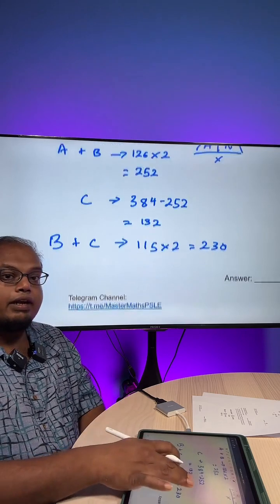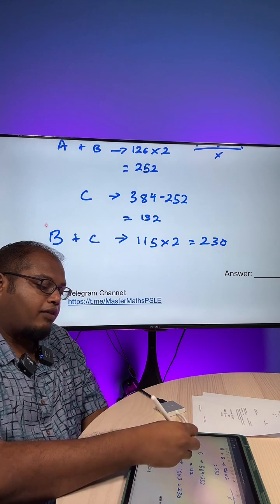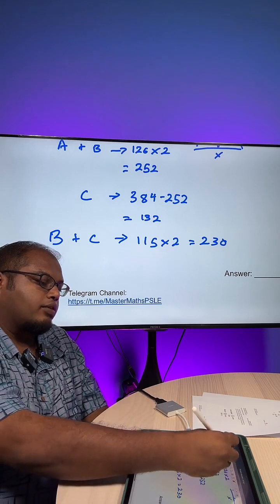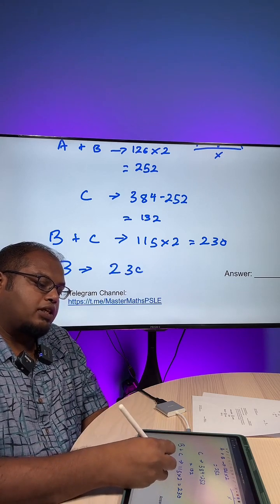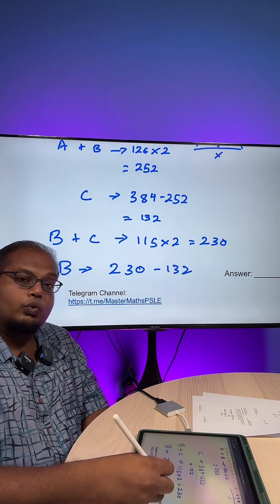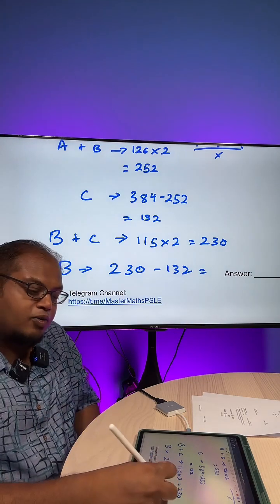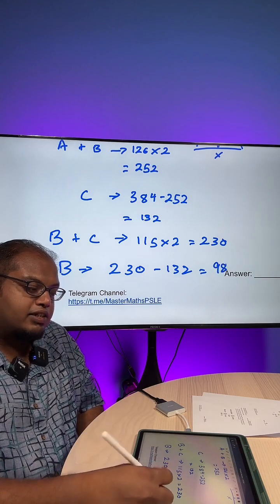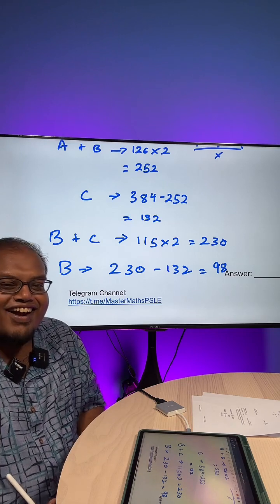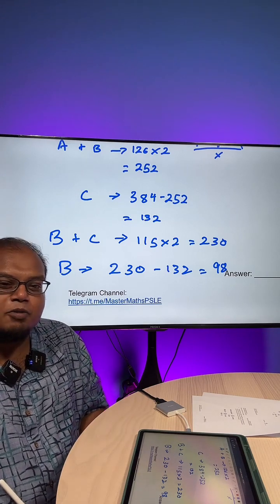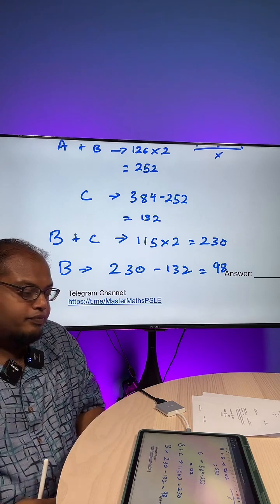So I can take it out from here, minus from here, I will have left with Beth. Okay, so Beth is 230 minus 132. And this is the answer that a lot of you were writing just now. Good job. Answer is 98. A lot of you just now were putting 98. Very good, very good.